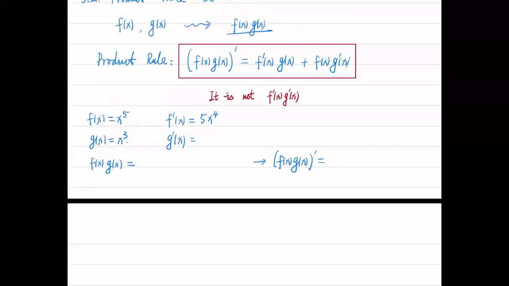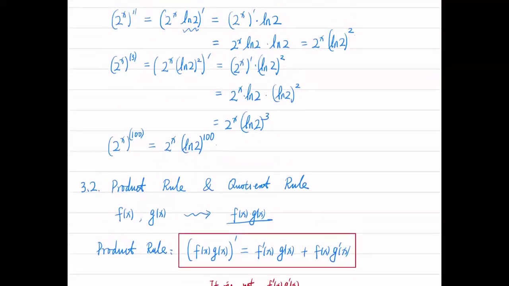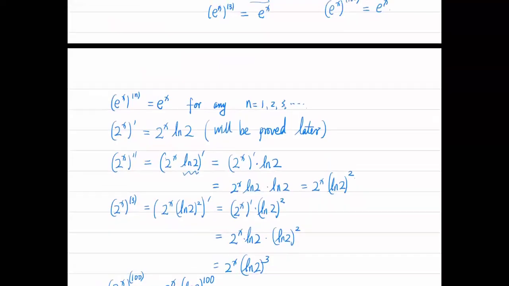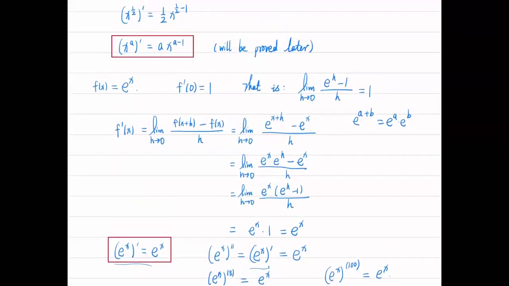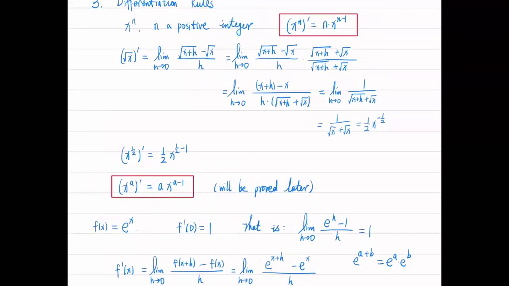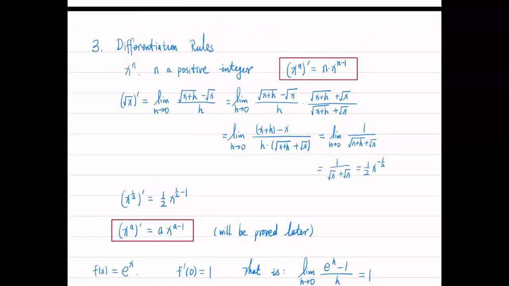The formula we had for the power is this: for x to the n, I reduce the degree by 1.